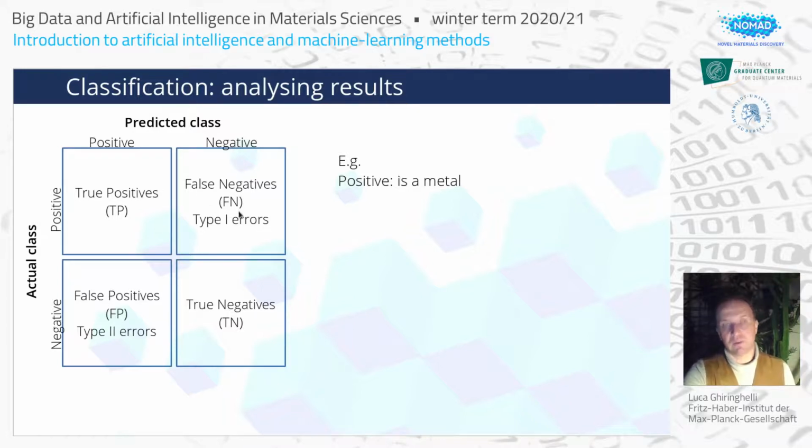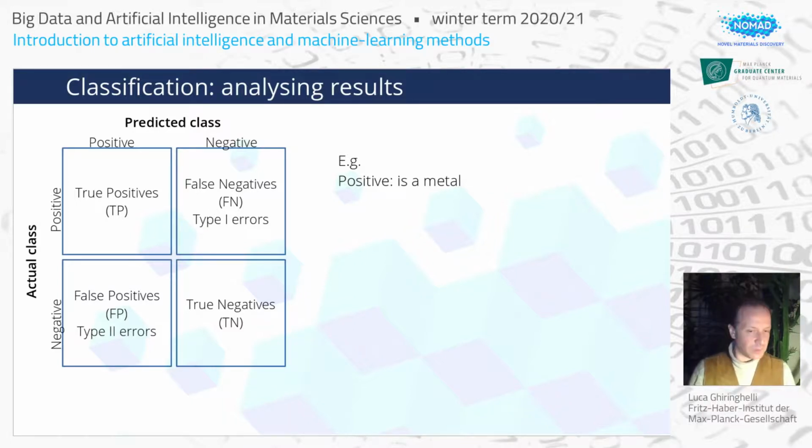So the false negatives, also called type 1 error, are the situations in which you predict something to be not what you are interested in, in this case not a metal, and it was actually a metal. So let's say that you are really craving to find new metal materials, and now some of these escaped your attention. So you didn't predict them.